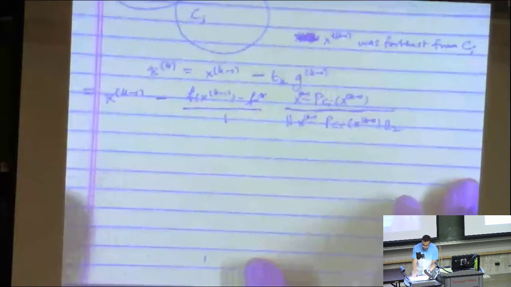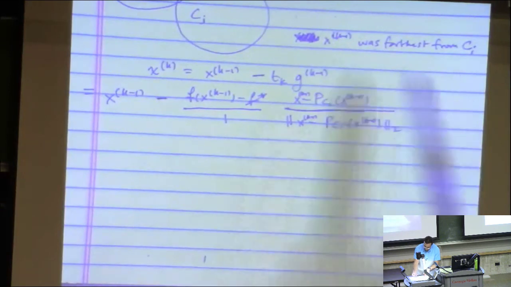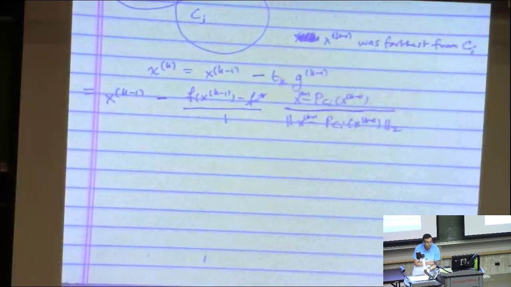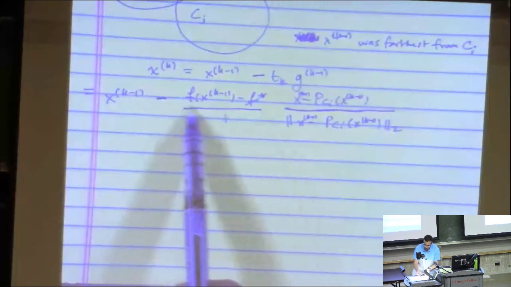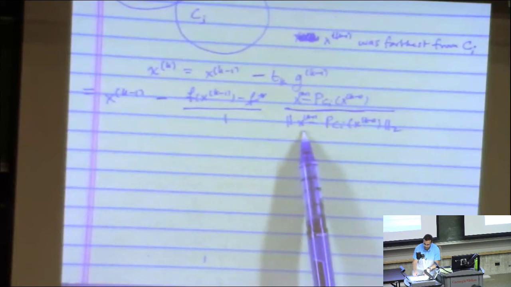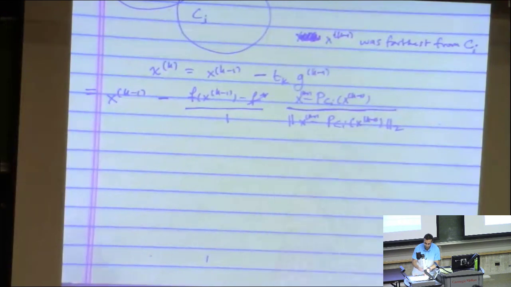Now we see something else that's quite interesting. If I told you that x_{k-1} was farthest from C_i, then the criterion value is exactly equal to the distance between x_{k-1} and C_i, which is exactly this. If I picked out the C_i that was farthest from x, then the criterion value is exactly this distance.